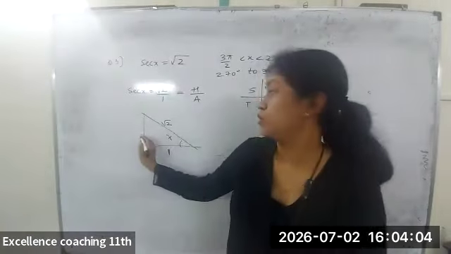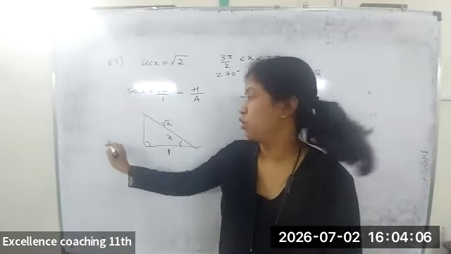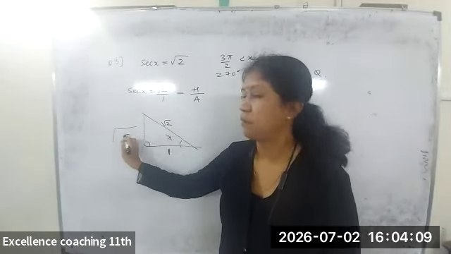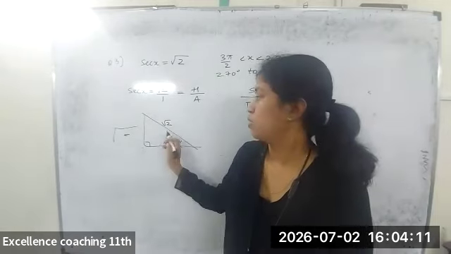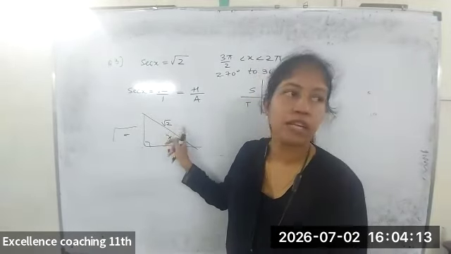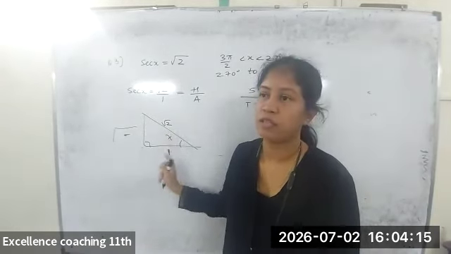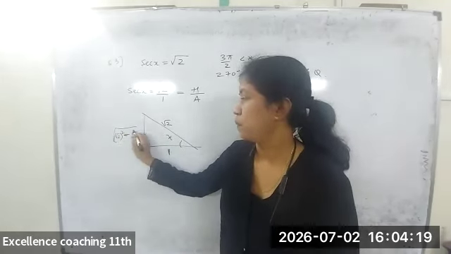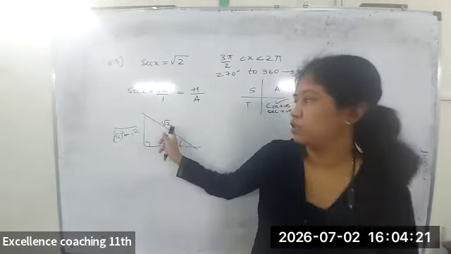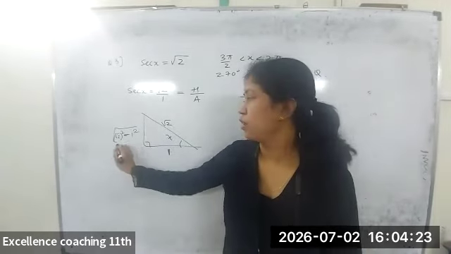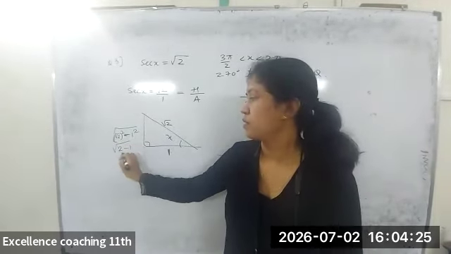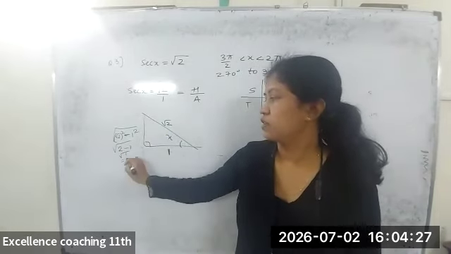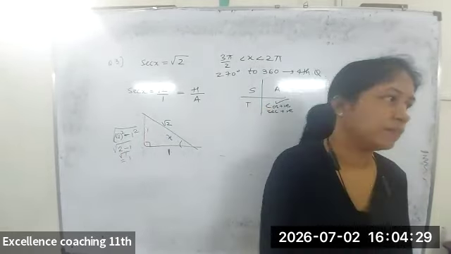Is this a hypotenuse? No. So which sign will come? Minus sign. Who is the bigger side? Hypotenuse is always the bigger side among all the three sides. So root 2 square is 2, minus 1 square, so this is also 1.